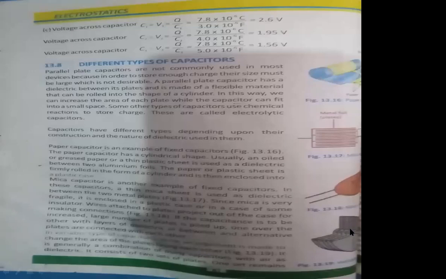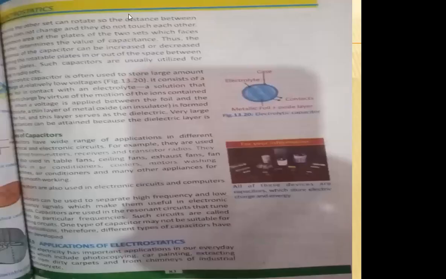The other type of capacitor is called the electrolytic capacitor. The electrolytic capacitor is often used to store a large amount of charge. You can see, if we move further ahead, this is called an electrolytic capacitor. It is used to store a large amount of charge at relatively low voltage.